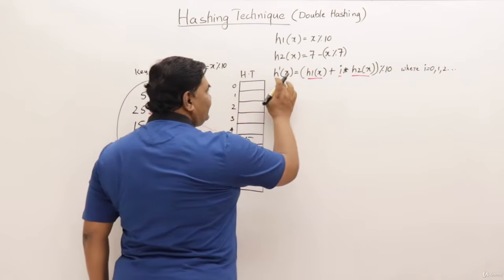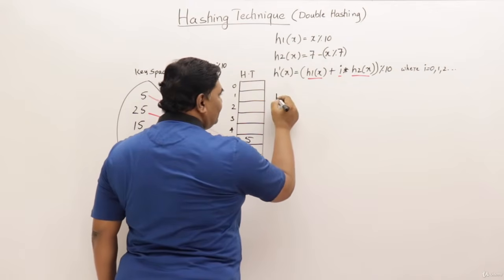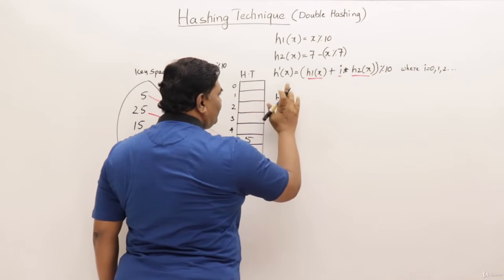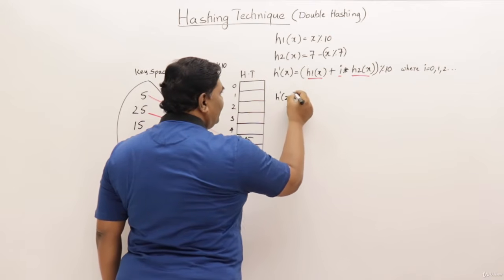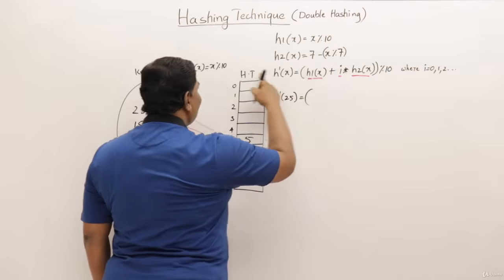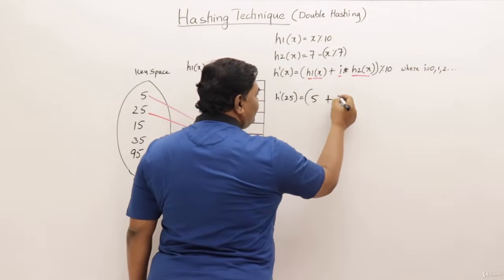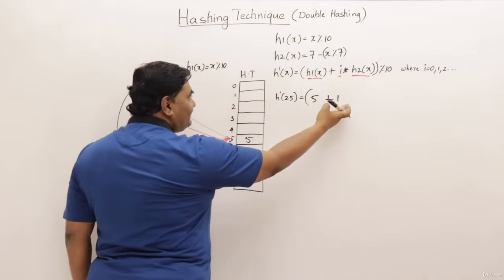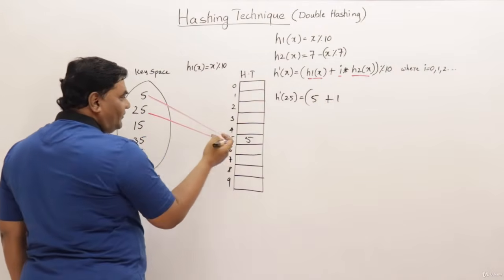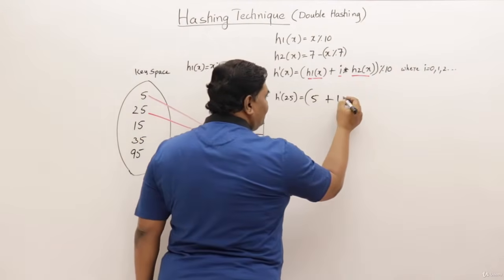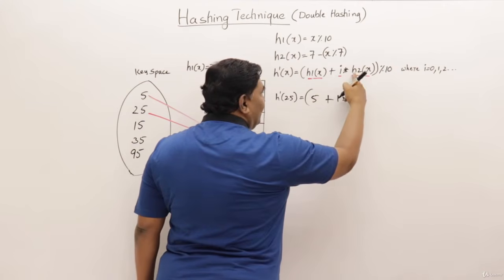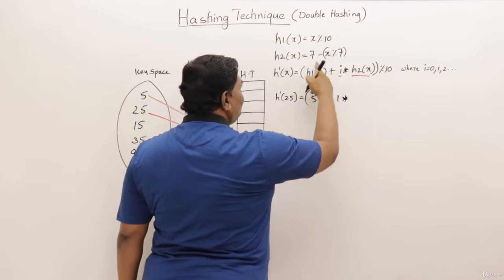Then I should use the modified hash function. For 25, the result we got was 5. So 5 plus i, which is 1 now. Earlier i was 0. That's why we took 5 directly and found that there is a collision. Now i is 1 into h2 of x. So I should write down 25 here.